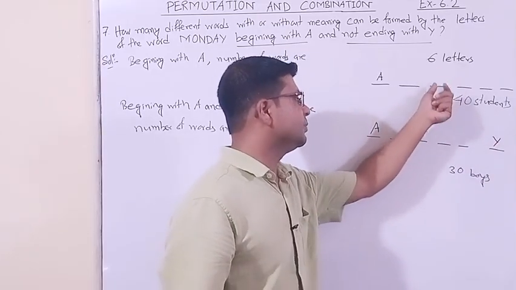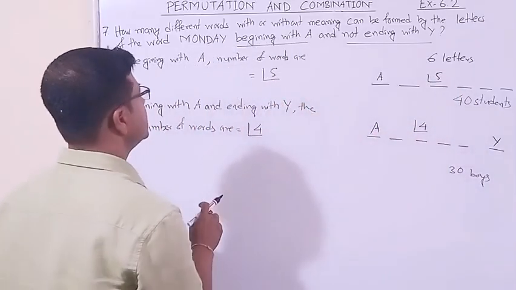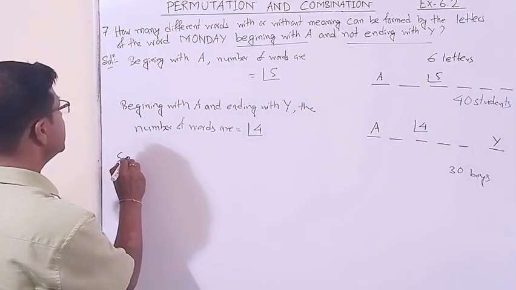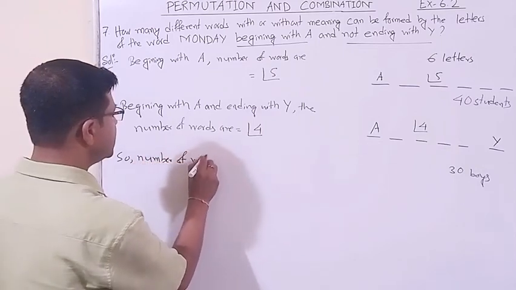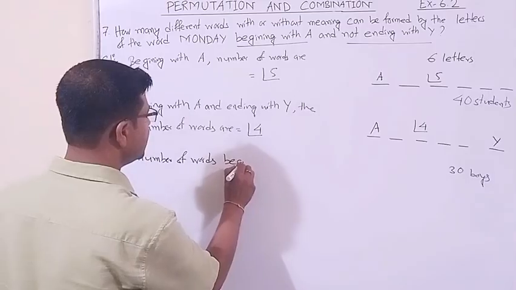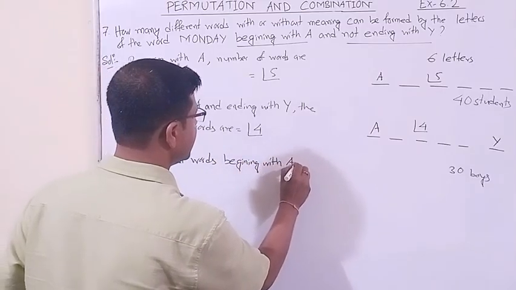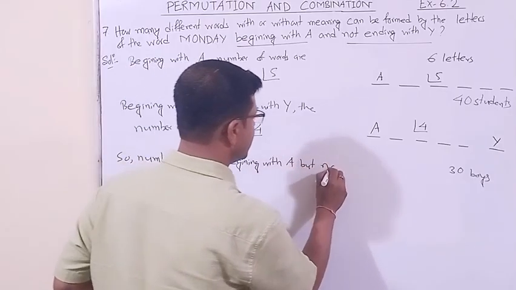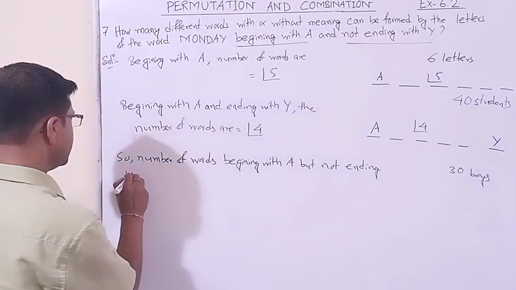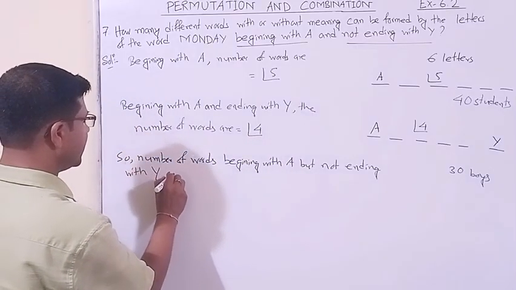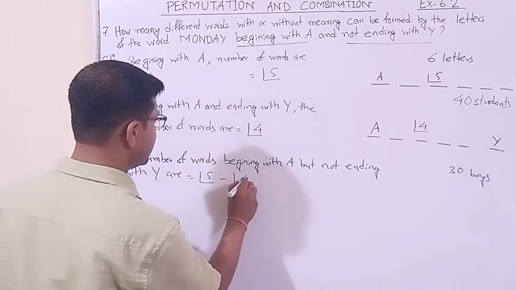That is this minus this, that is factorial 5 minus factorial 4. So the number of words beginning with A but not ending with Y is factorial 5 minus factorial 4.